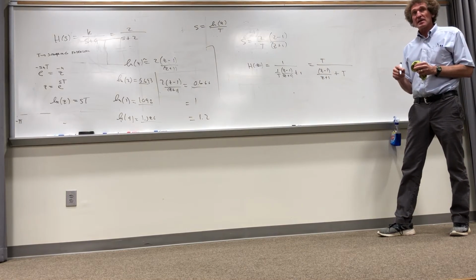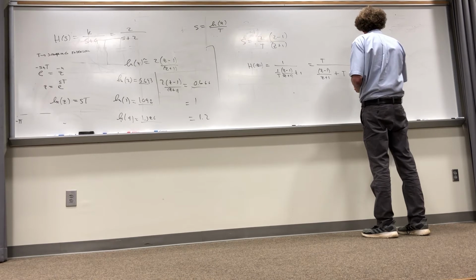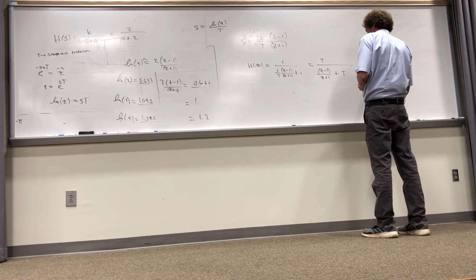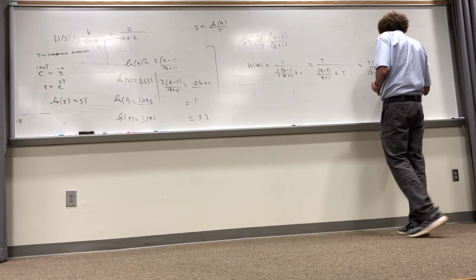And finally, I'll multiply top and bottom by Z plus 1. And when I do that, I get T times Z plus 1 over Z minus 1 plus T times Z plus 1.